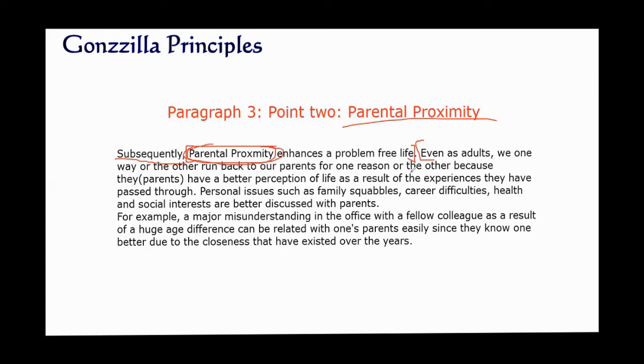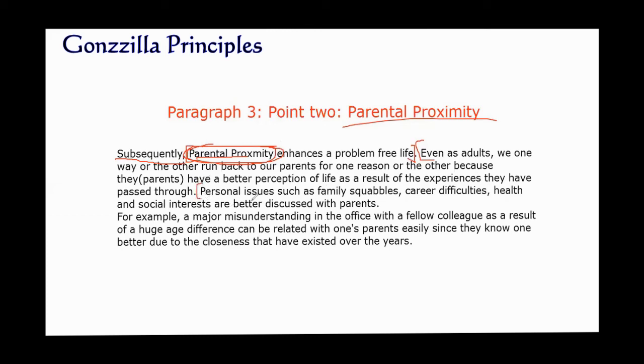Here, even as adults, we one way or the other run back to our parents for one reason or the other, because, and I had to put that in brackets so I didn't create some form of ambiguity, they have a better perception of life as a result of the experiences they have passed through. With this, I try to show why this proximity to our parents comes in very handy.